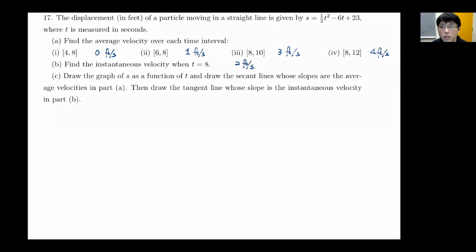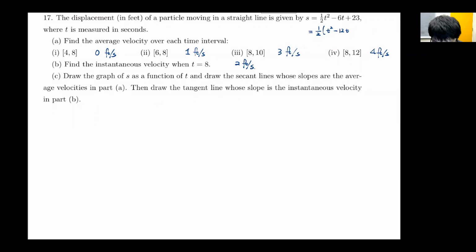Okay, now let's place all this information on the graph. First we are asked to draw the graph of s as a function of t. In order to do that, notice that s can be simplified as follows. First you factor out the 1/2 in the front. Then you have t squared minus 12t. I will do the completion of the square in order to make it easier for me to draw.